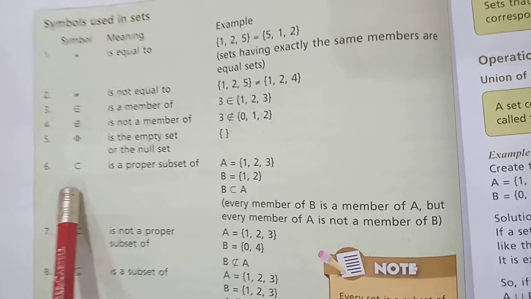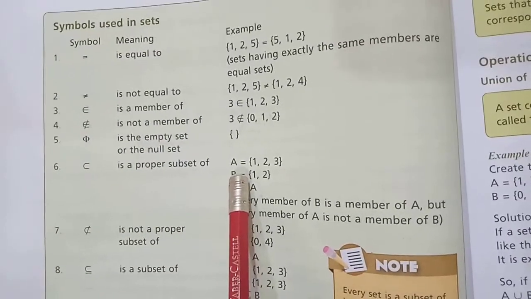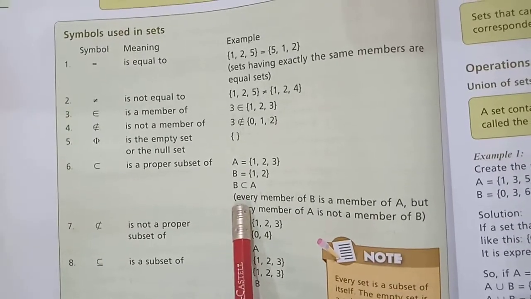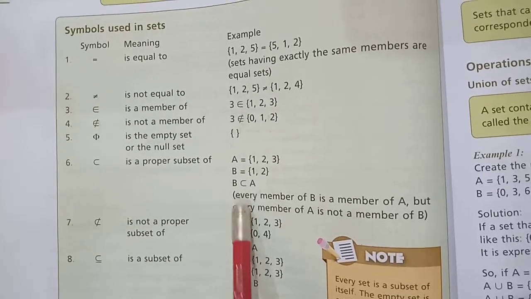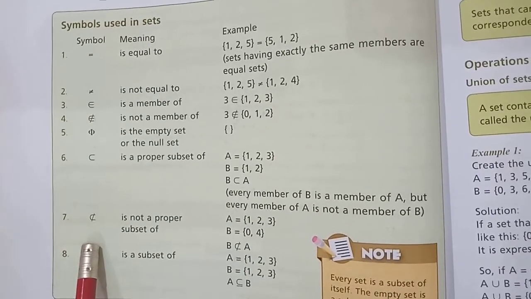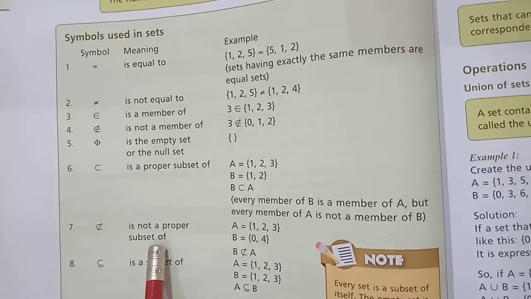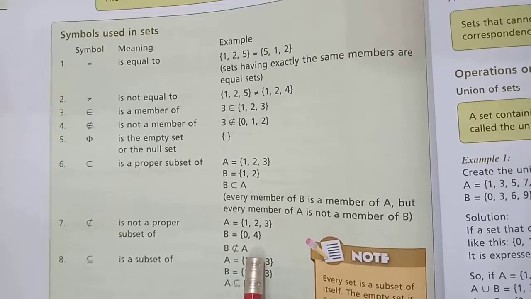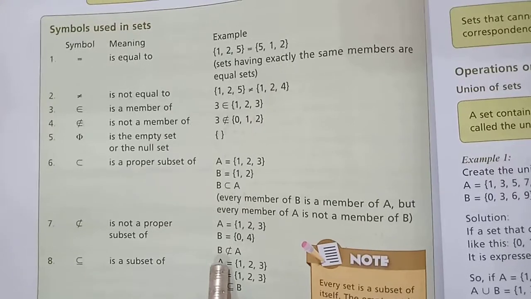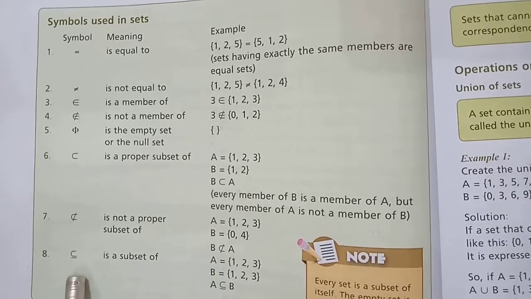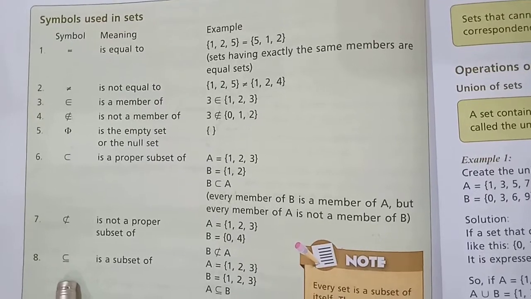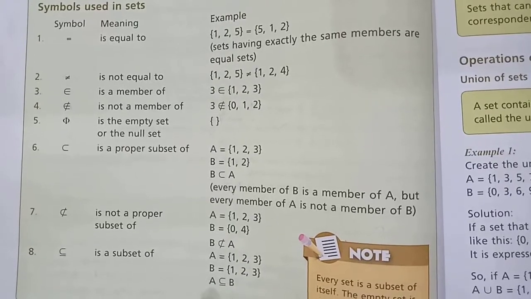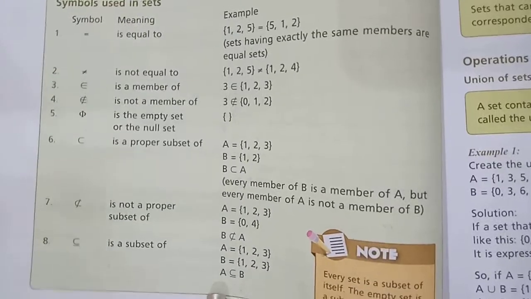This is the sign of proper subset: A equals {1, 2, 3}, B equals {1, 2}, B is a proper subset of A. This is the sign of not proper subset: A equals {1, 2, 3}, B equals {0, 4}, B is not a proper subset of A. This is the sign of subset: A equals {1, 2, 3}, B equals {1, 2, 3}, A is a subset of B.